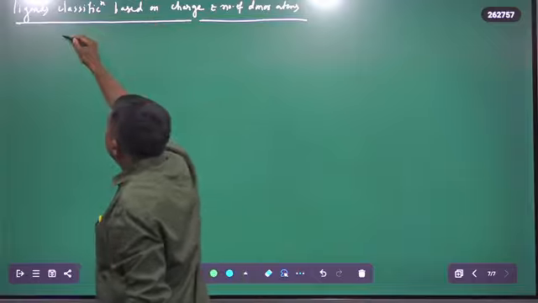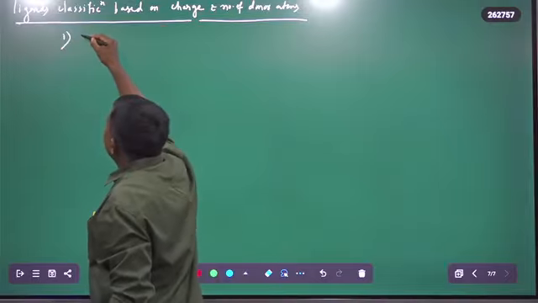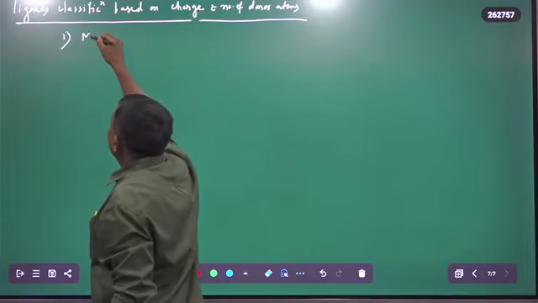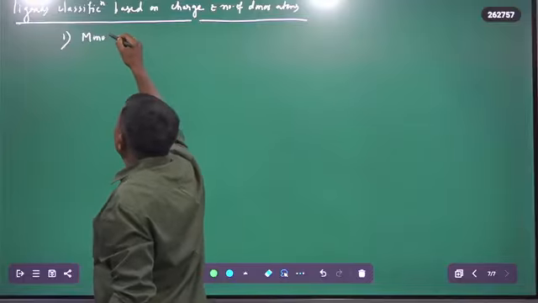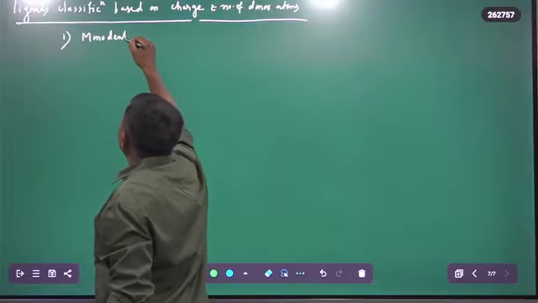The first is monodentate neutral ligands.